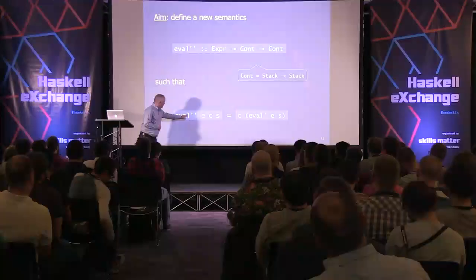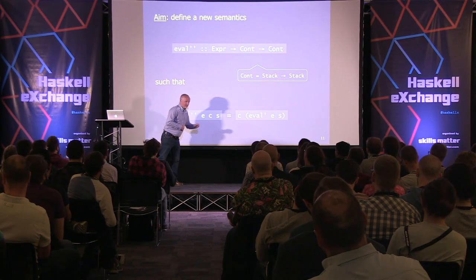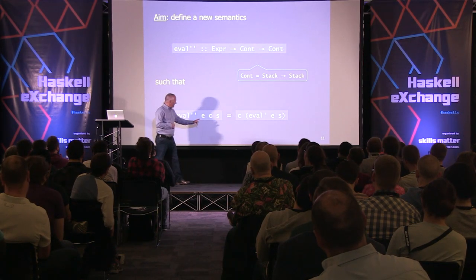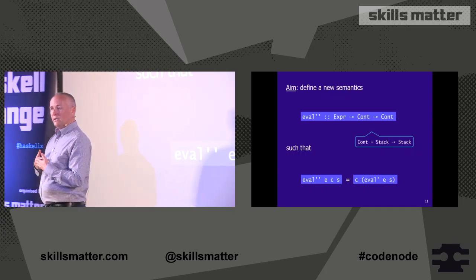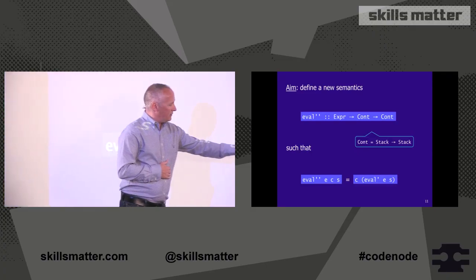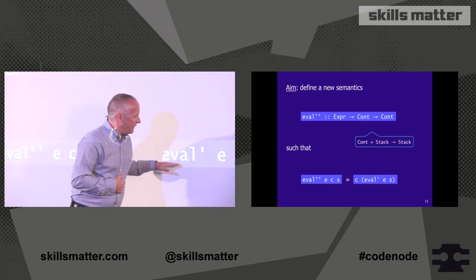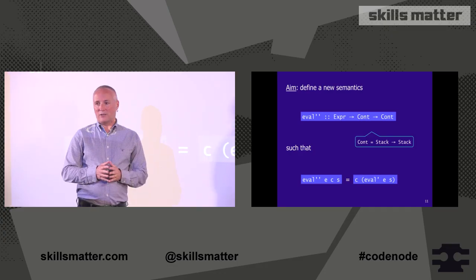It's maybe a bit weird, but things become much clearer when you look at the equation which you want this thing to satisfy. Okay, so let's understand this. So eval double prime takes an expression and a stack, as we did before, but now it takes this extra argument, which is a continuation, and that tells us what to do next. And that's reflected in this equation, because what to do next is, once you're finished evaluating using the stack, that will give you a new stack, and then you just apply this function c to it.